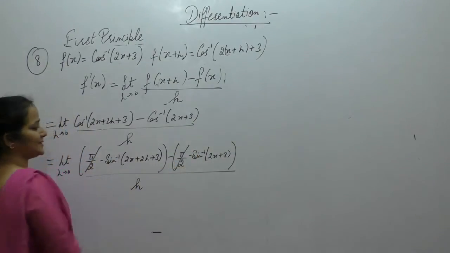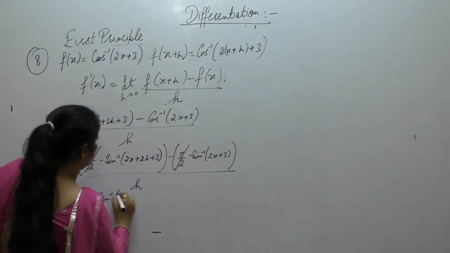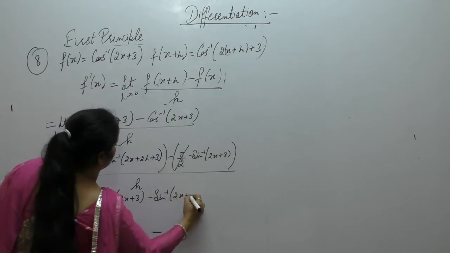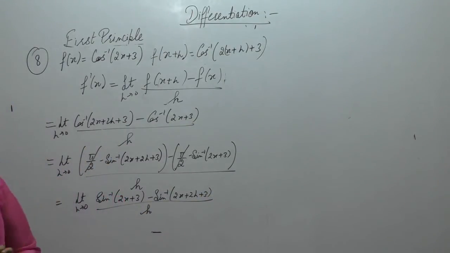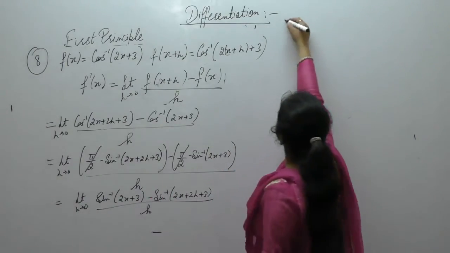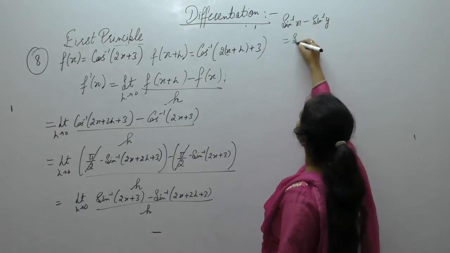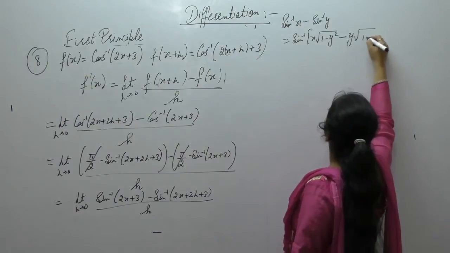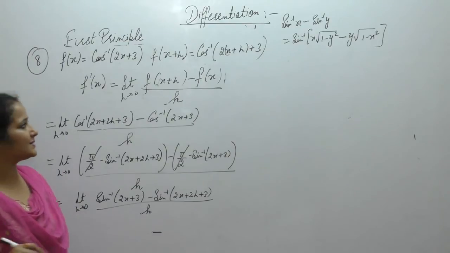Pi by 2 will get cancelled here. So we are left with the term sin inverse (2x plus 2h plus 3) minus sin inverse (2x plus 3). Sine inverse x minus sine inverse y is equals to sine inverse of x into square root of 1 minus y square minus y into square root of 1 minus x square.